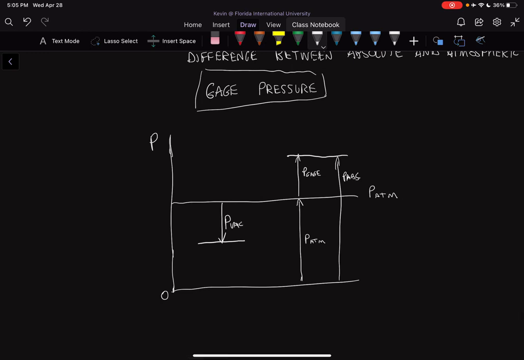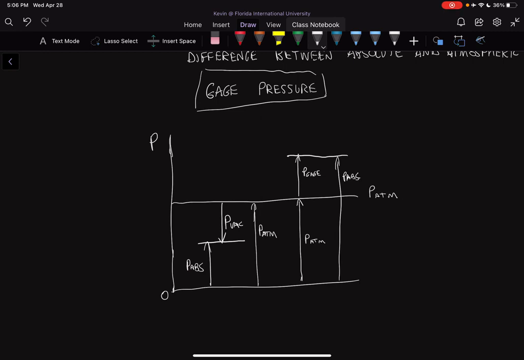So now the absolute pressure would be up to here for this reading, and our P atmosphere would still be all the way to the top. When you have a pressure that's lower than atmospheric pressure, you call that a vacuum pressure from the reading of atmosphere.